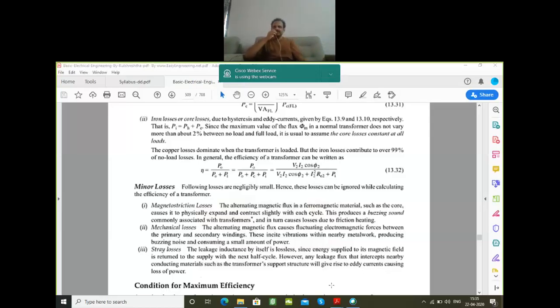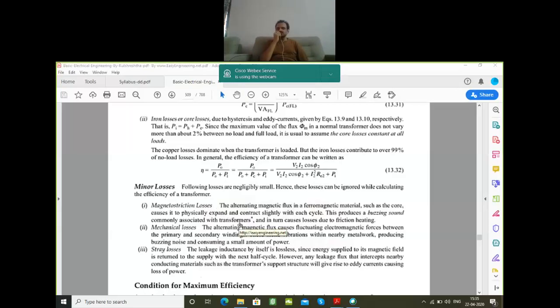If leakage flux is there, then it will lead to eddy current. These are the stray losses. So three types of losses are there. Magnetostriction losses, because sound is produced because of vibration of the core.